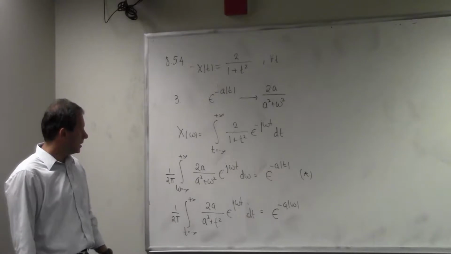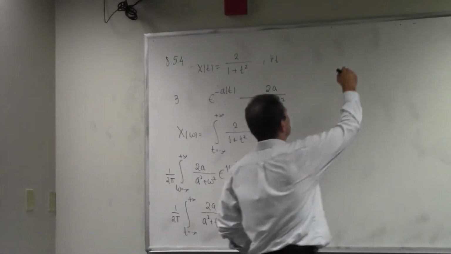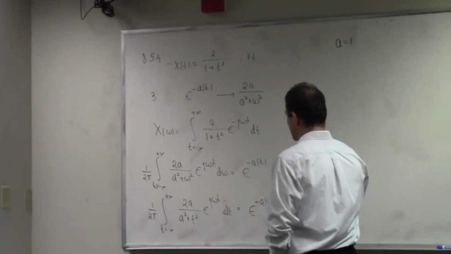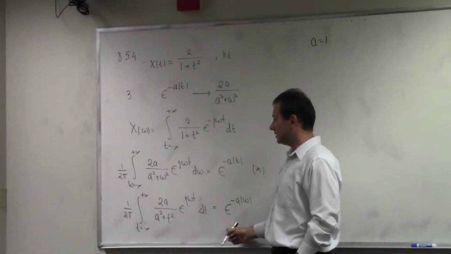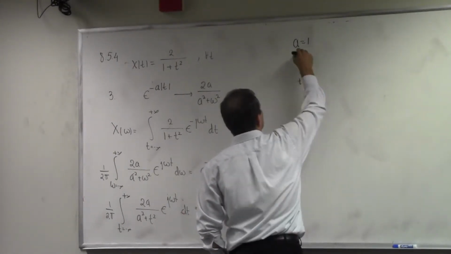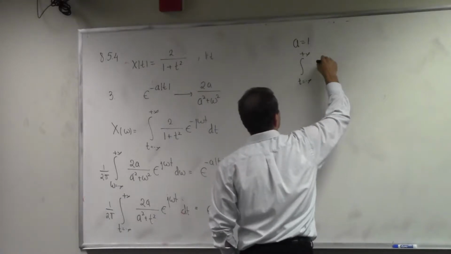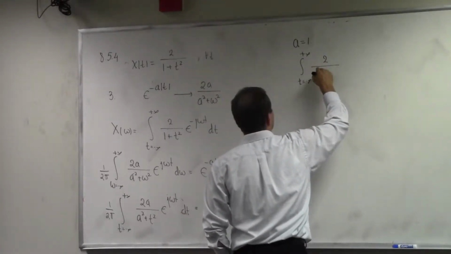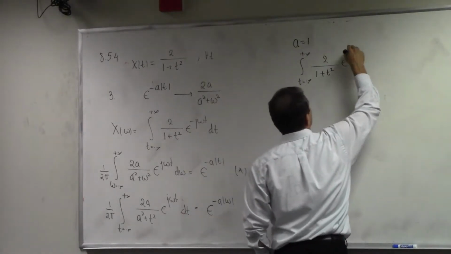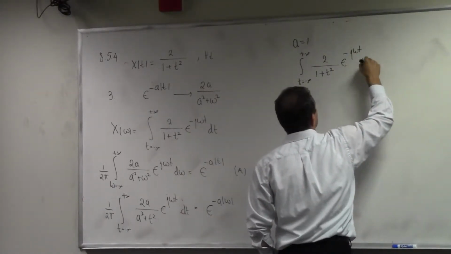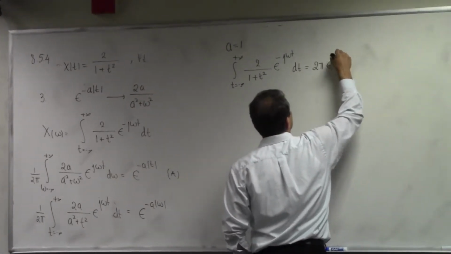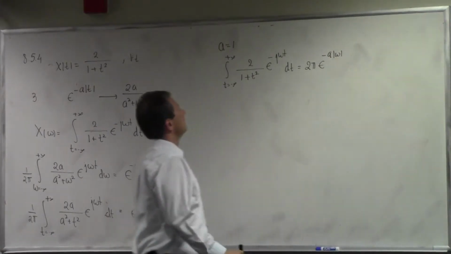Now, if I set a equal to 1, and I take the complex conjugate of both sides of this integral, then I get the integral, t from minus infinity to plus infinity, of 2 over 1 plus t squared times e to the minus j omega t dt, is equal to 2 pi e to the minus a magnitude omega.